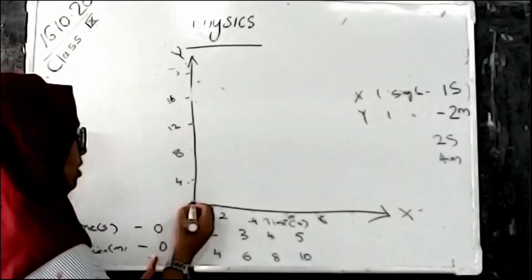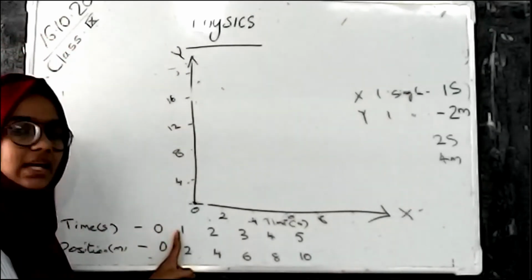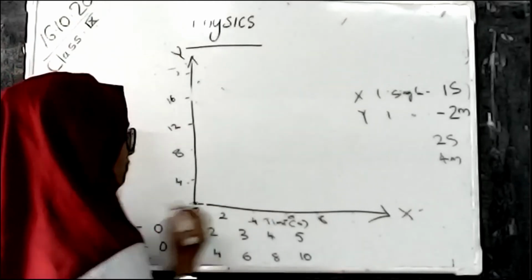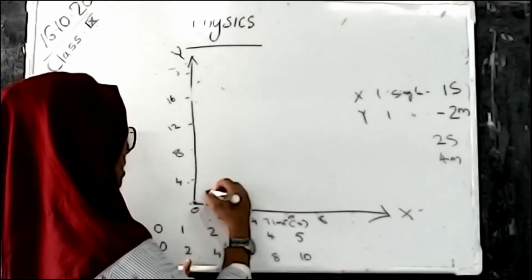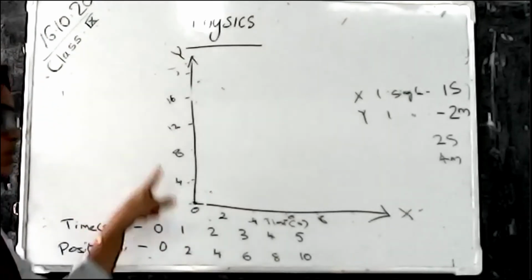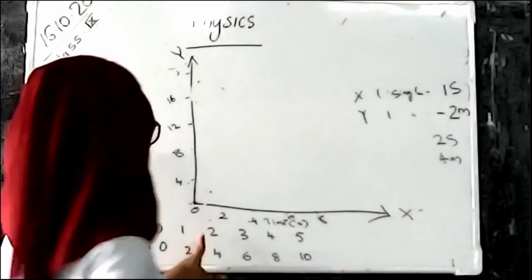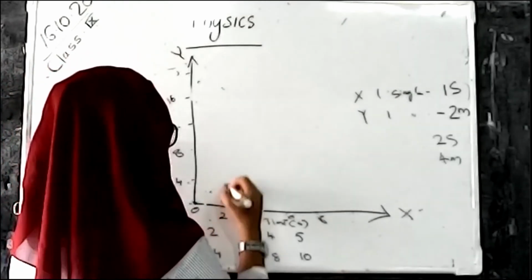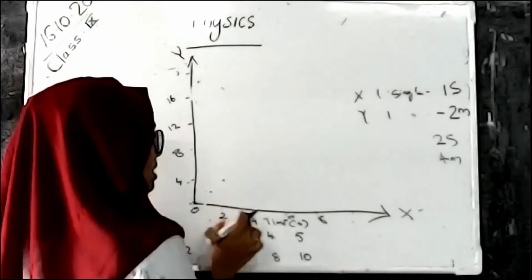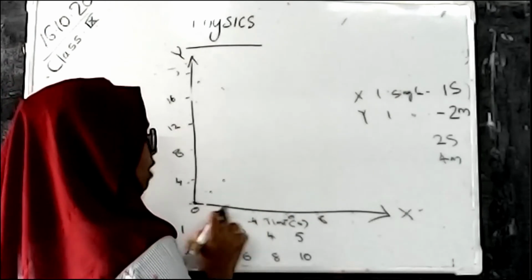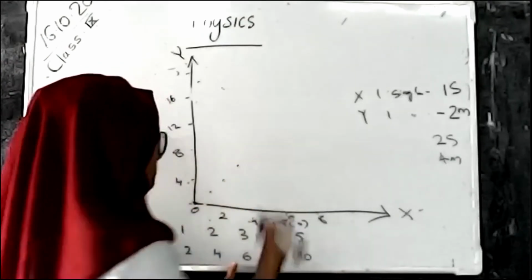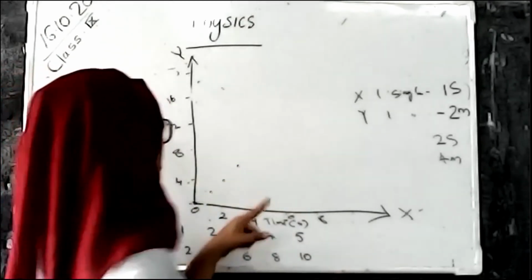And as in the first case, 0 is at 0. At 1 second the position is 2, so we take 1 in the middle of this. So the 2 meters is the middle of 0 and 4, and the first point is here. At 2 seconds, the position is 4. Next, 3 is at 6, so 3 comes in the middle of this, so 3 is here and 6 comes here. And the next point is 4 at 8.